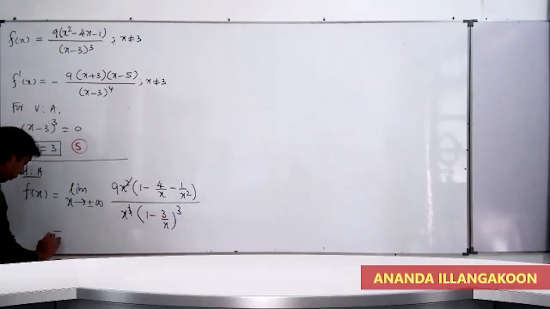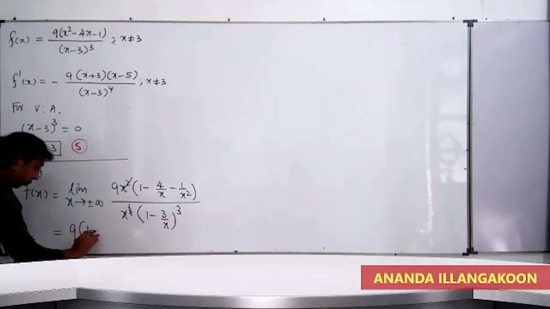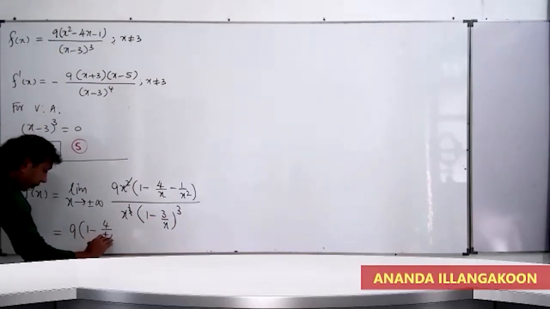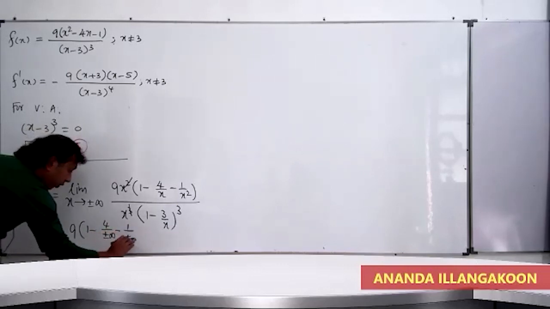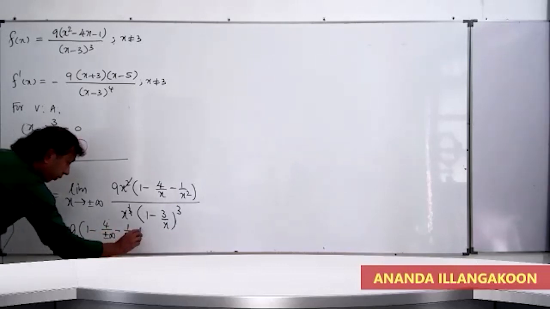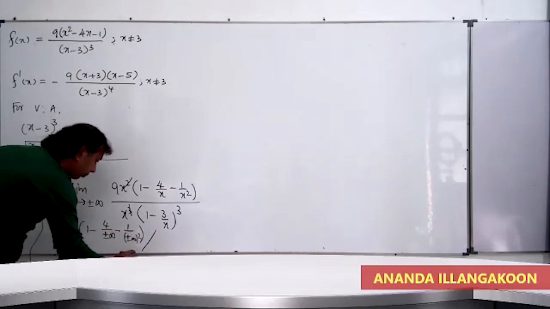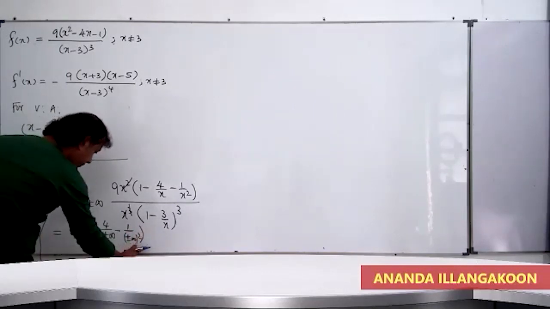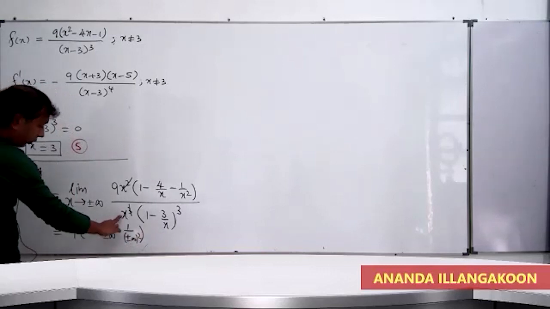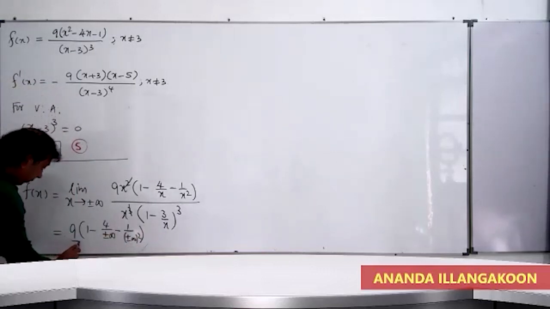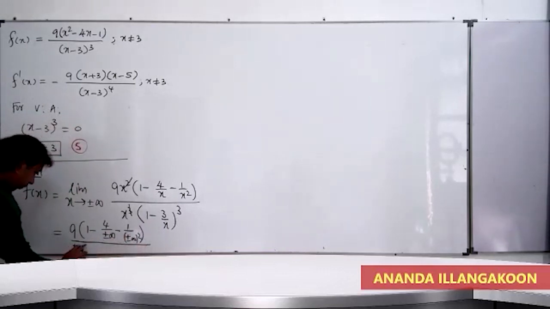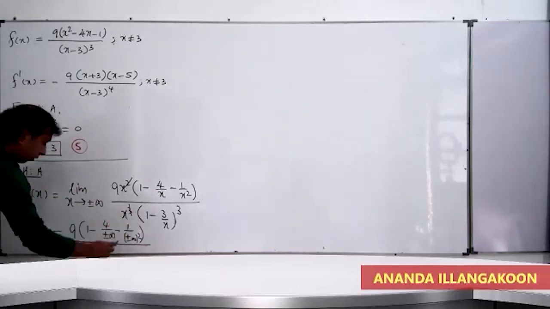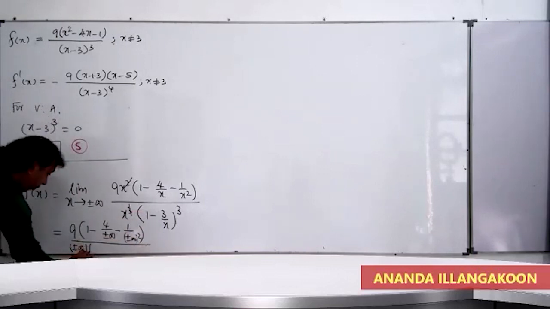When I put x as infinity for every x, in the numerator we get 9 divided by plus or minus infinity, and in the denominator 1 minus 3 upon x.